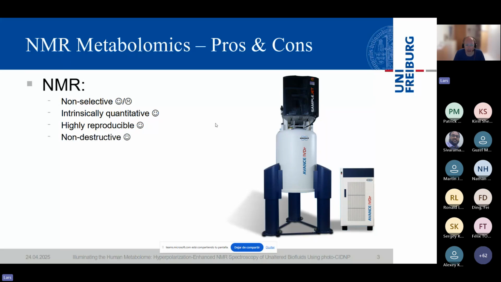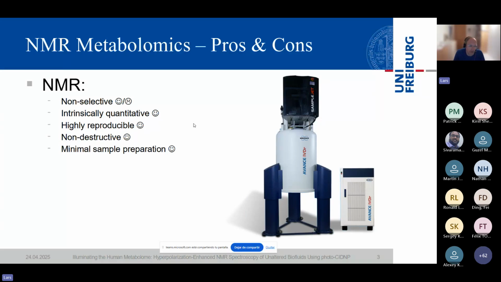Very importantly, NMR is a non-destructive technique. This is the big advantage as compared to mass spectrometry, for example. That means once you've measured your sample, you can take it out of the magnet and subject it to any other kind of analysis. So this is just awesome. Normally, at least, NMR sample preparation is rather straightforward.